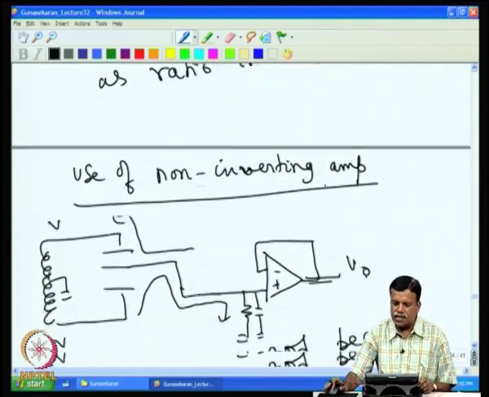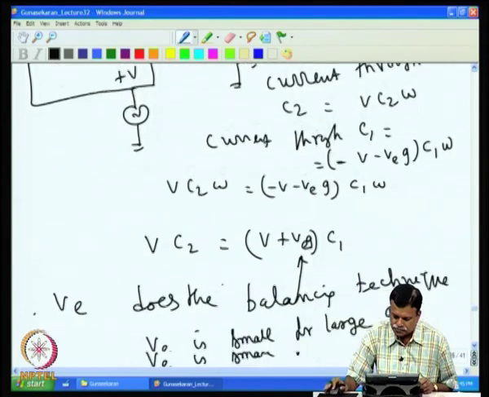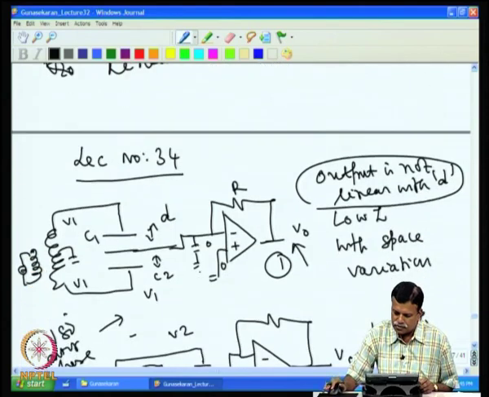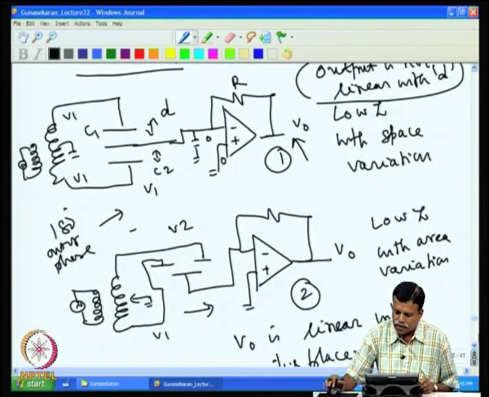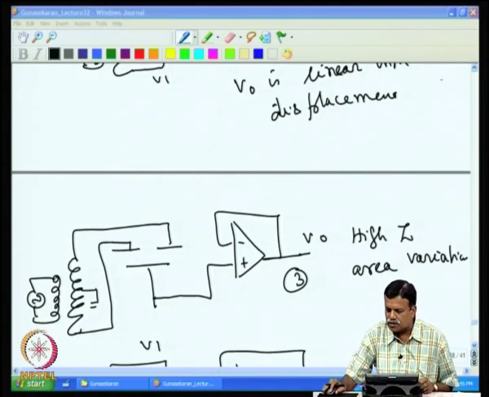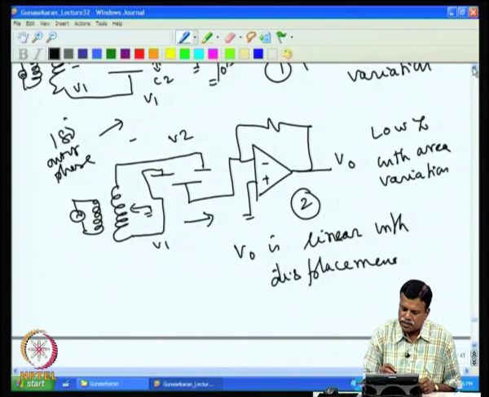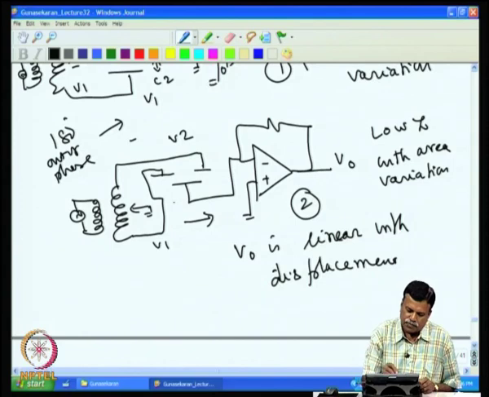So, the output voltage is linear, this we had shown in the previous class. This linear or non-linear, that is what we had got as a question. In the previous class we had shown that this circuit, number 2, low Z with area variation, V0 is linear with displacement, and we had shown the equation derivation also. So, this has the advantage that the output voltage is linear with the displacement.